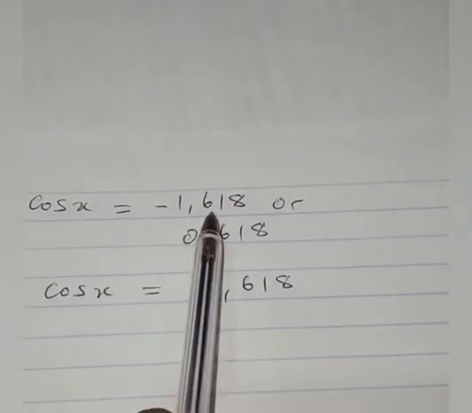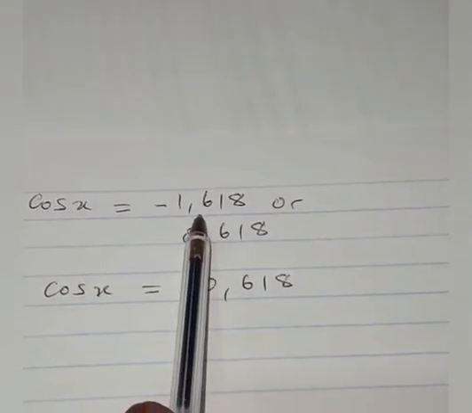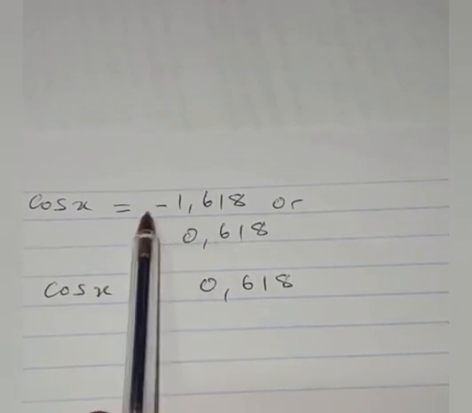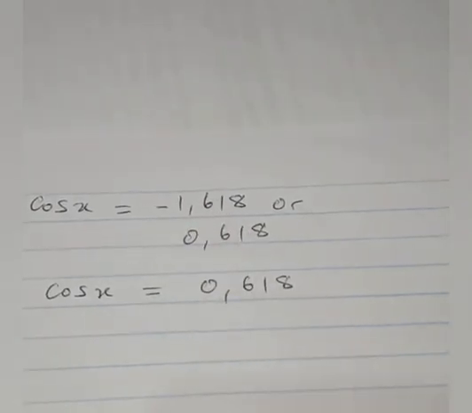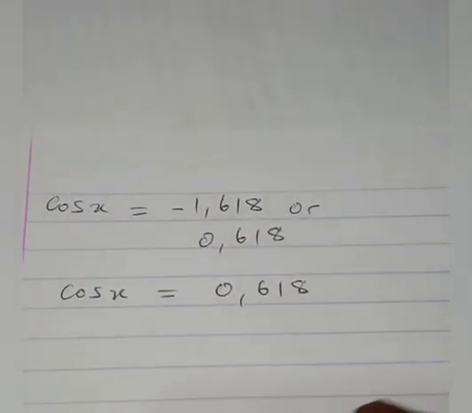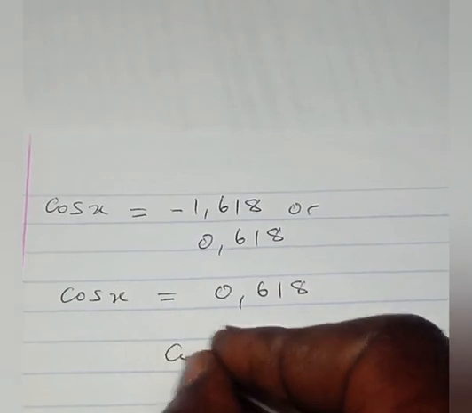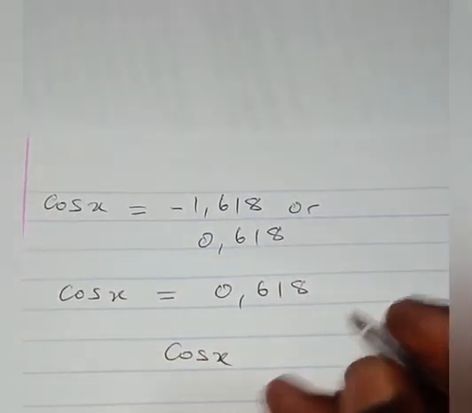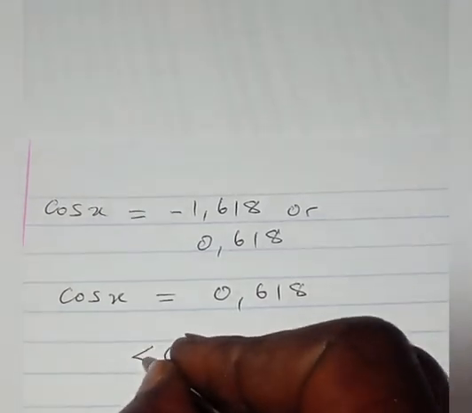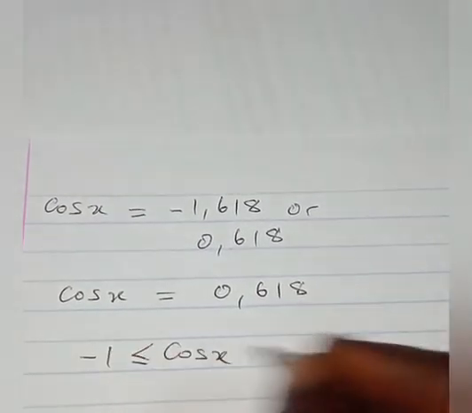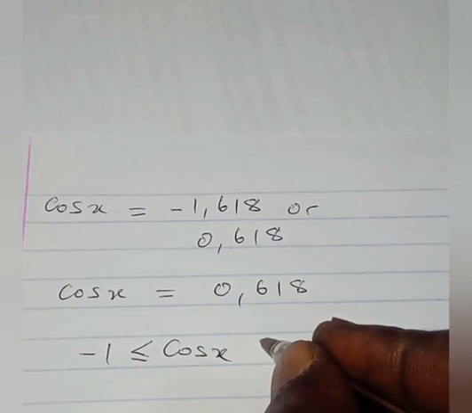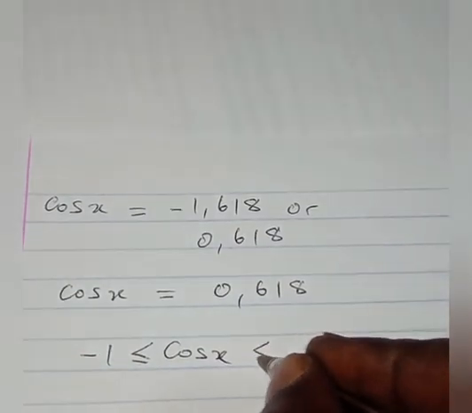But this value here has to be rejected because there are no values of cos x that give us such. Because we have cos x here being defined within this range. So that value up there is out of bounds.